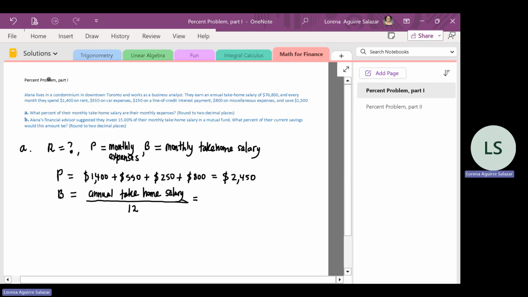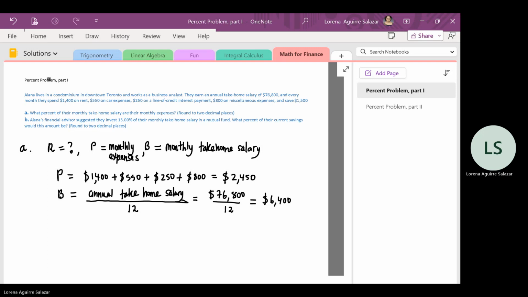That way we get $76,800 divided by 12, and that equals 6,400. So $6,400. And now that we know the portion and the base, we can find the rate.